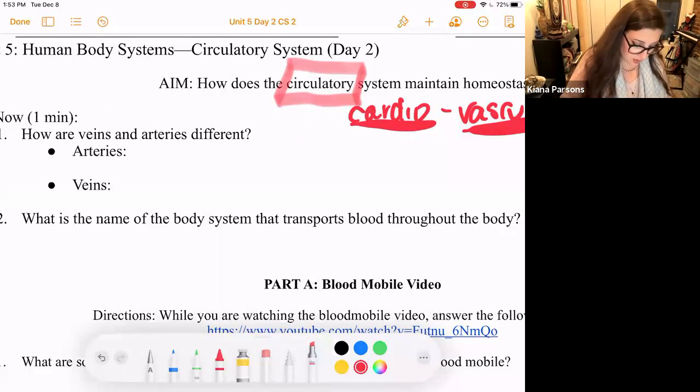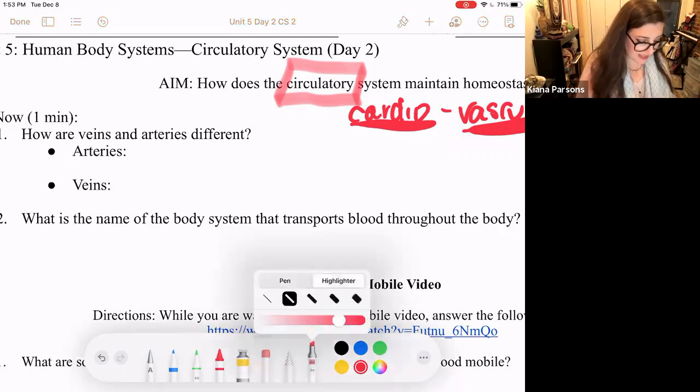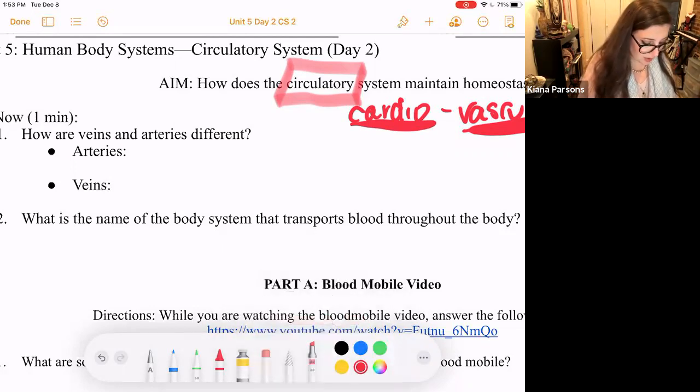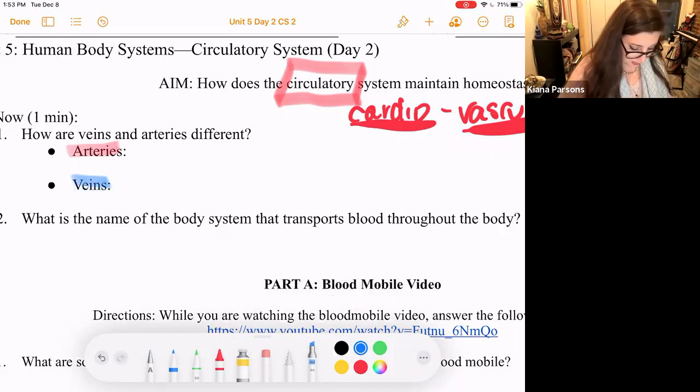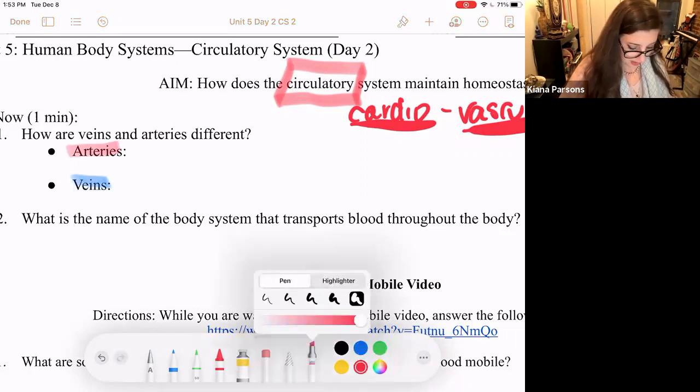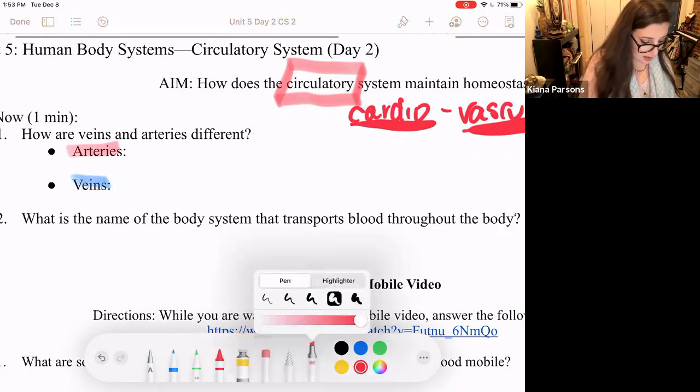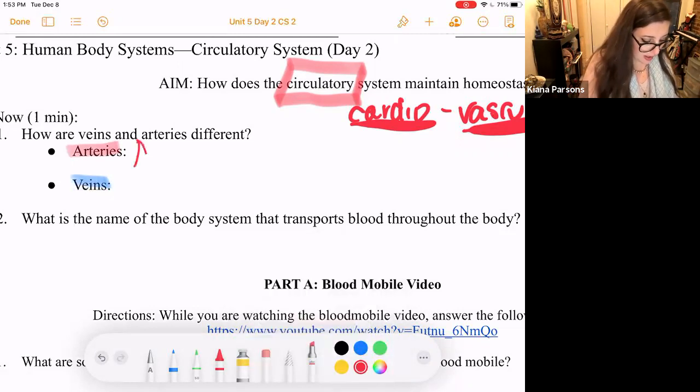Speaking of blood vessels, here are two of the important ones that we discussed yesterday: arteries and veins. And what is the difference between those two? Well, the arteries pump blood away from the heart.